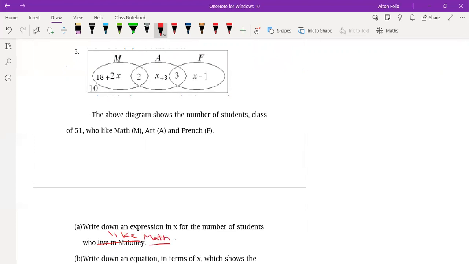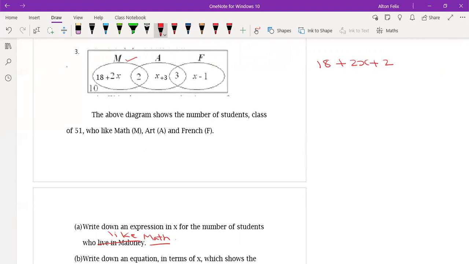In this case, the students who like math would be the entire circle representing M. 18 plus 2x plus 2. So that's the expression, 18 plus 2x plus 2. That's an expression, not an equation.